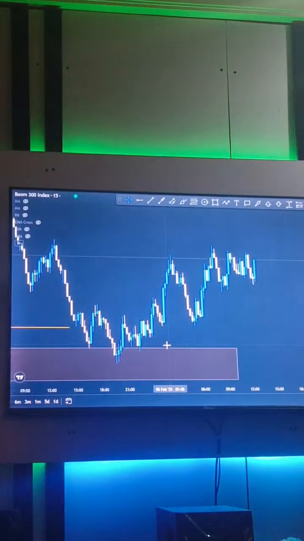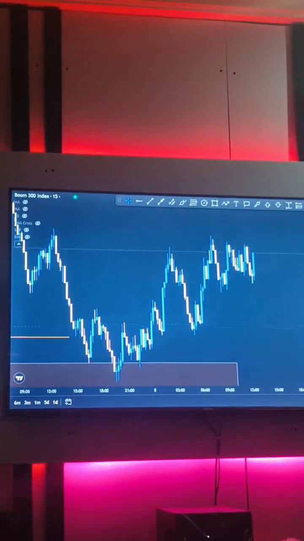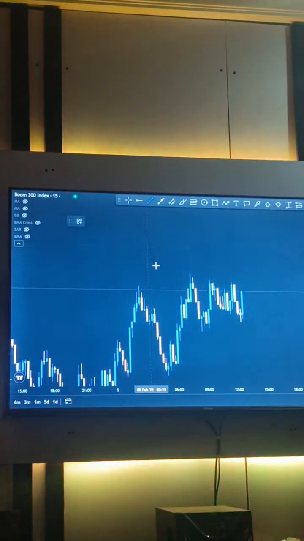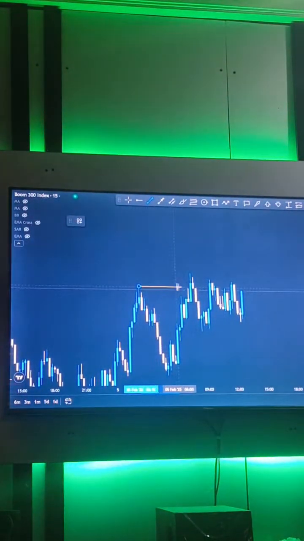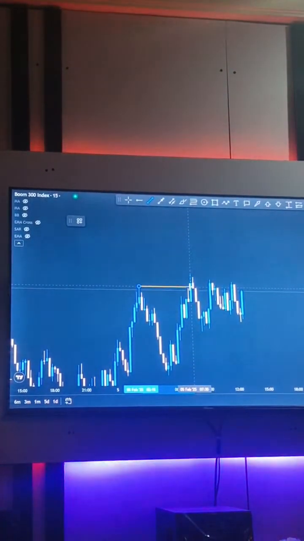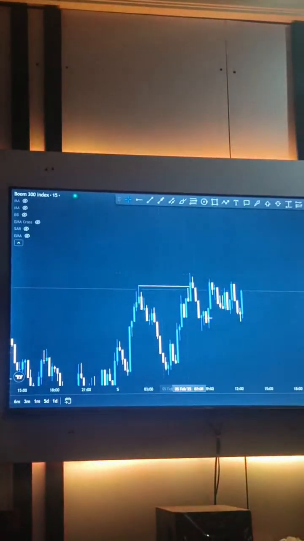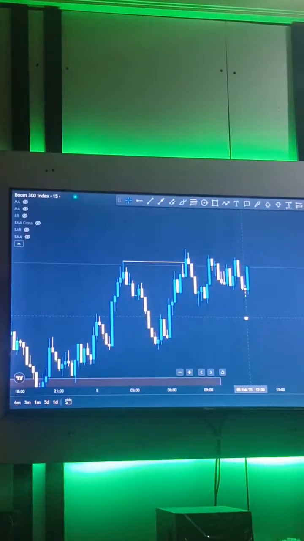Are we getting a structure? Yep, I think we got a structure. We have this structure here. You cannot just enter like this.